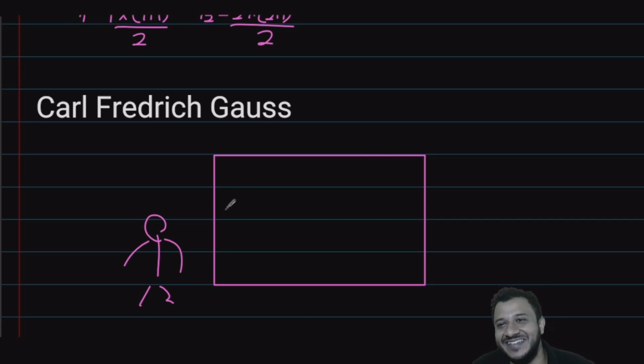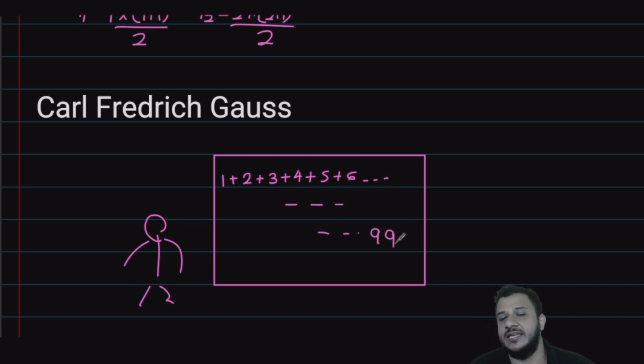So what this man did was say, okay, let's say that we add all the numbers, 1 plus 2 plus 3 plus 4 plus 5 and so on until 99. What will be the answer?